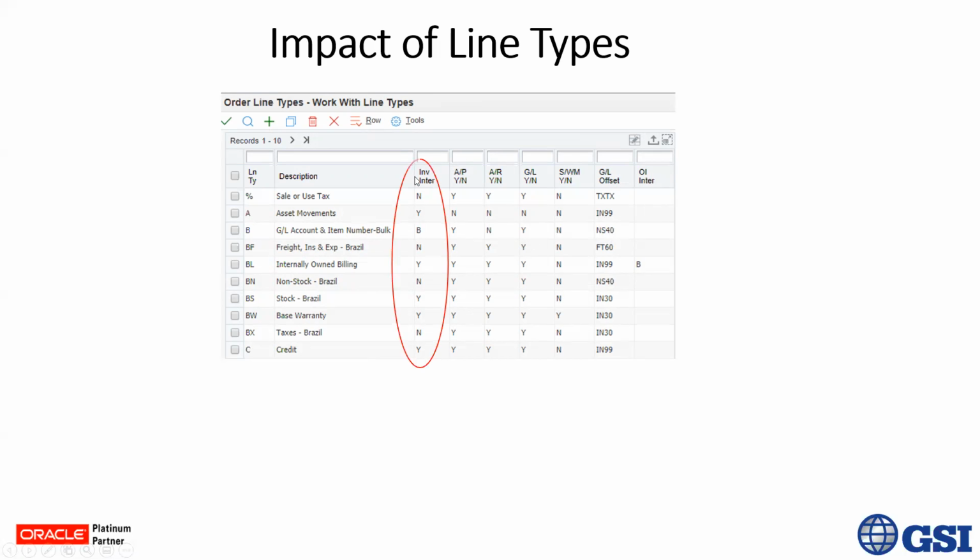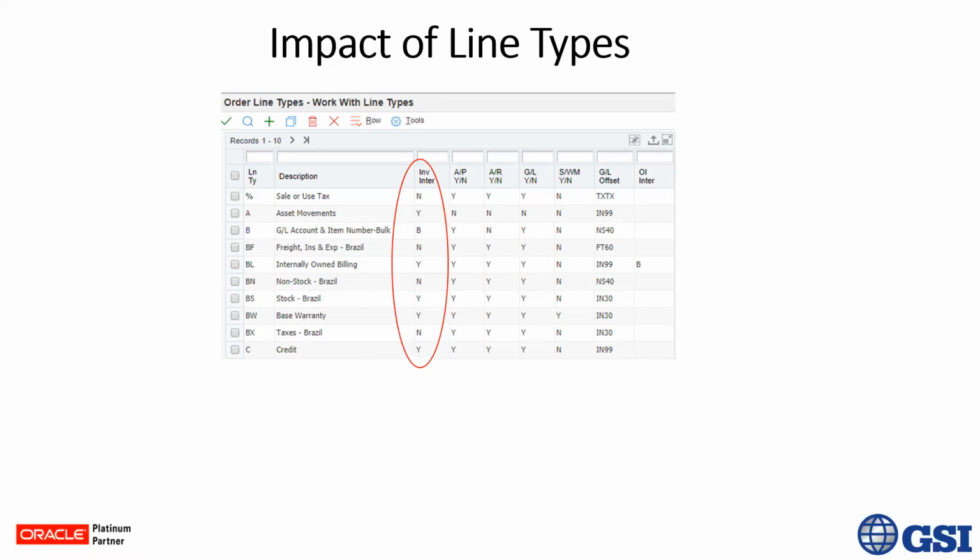The one column out of all of this that we really want to focus on is this inventory interface column. If it says no, that means that when I transact against that line, there will be no entry in the item ledger. There will be no quantity added or deleted from inventory.